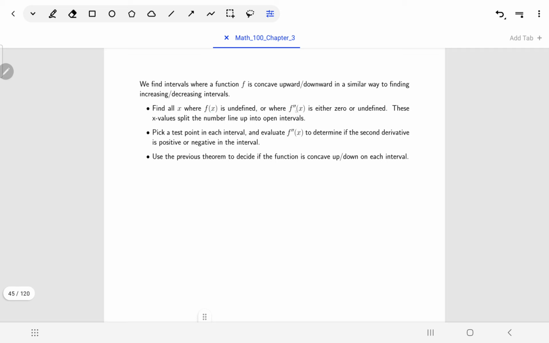We'll also figure out where our second derivative is either 0 or undefined, because all those places are places where maybe our second derivative could be changing from positive to negative. And then now that we've done that, we've got our number line split up into a bunch of intervals, and then in each interval we'll pick a value, test it in our second derivative to see whether it gives us something positive or negative, and then use that to draw our conclusions.